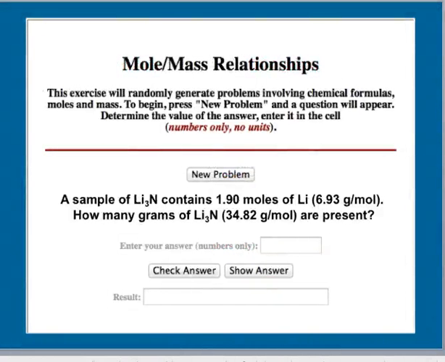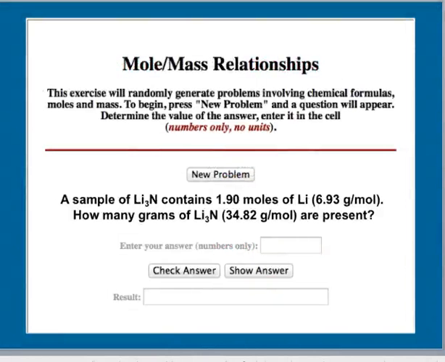Let's say we have, what is this? Lithium nitride. Very good. And it has 1.9 moles of lithium. How many grams of lithium nitride are there? Well, we need a mole ratio here, don't we?